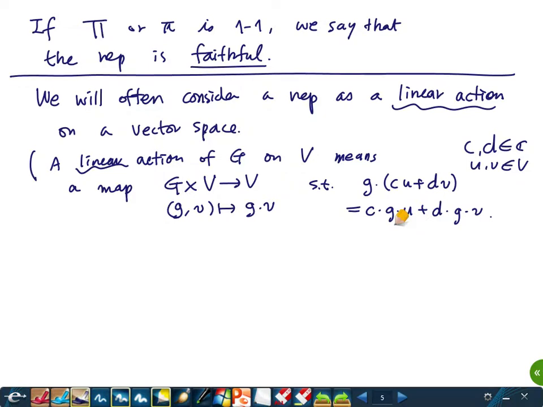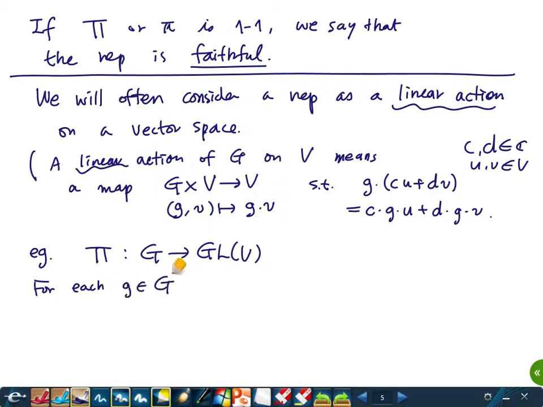So, for example, how can you understand a representation as an action? We have a representation G to GLV. So it's a homomorphism. This means for each element G in our group, we have pi of G, which is, of course, inside this GLV.